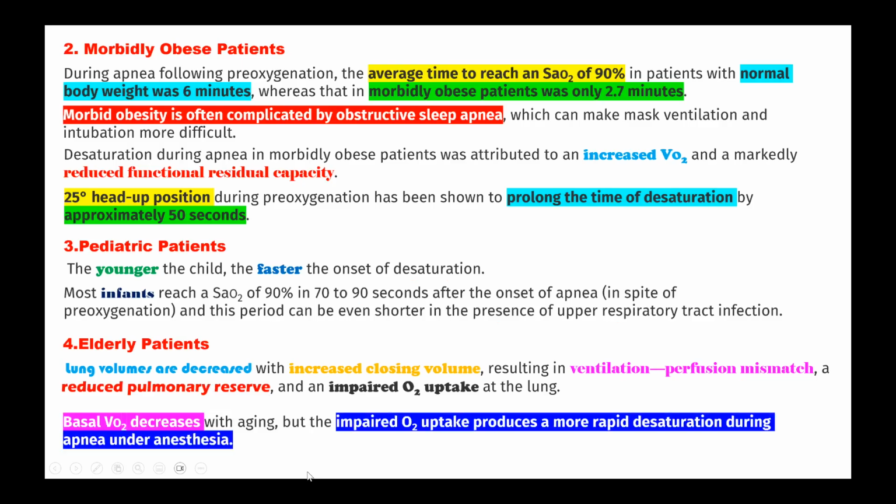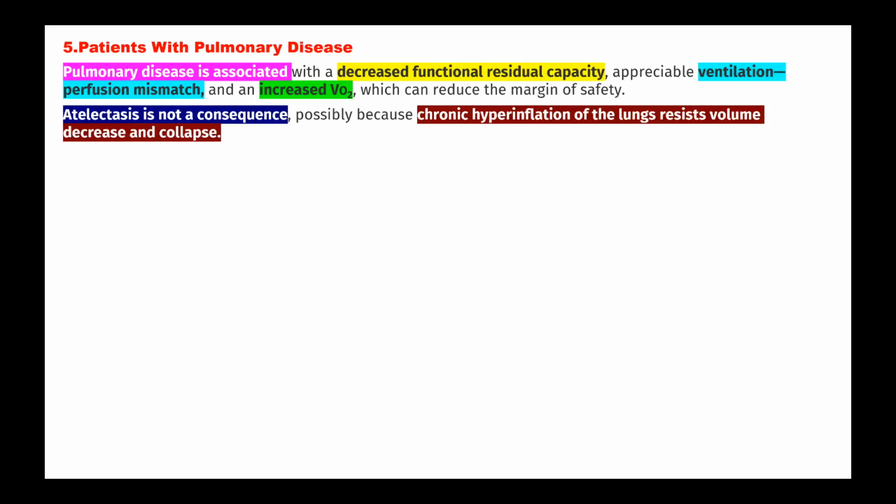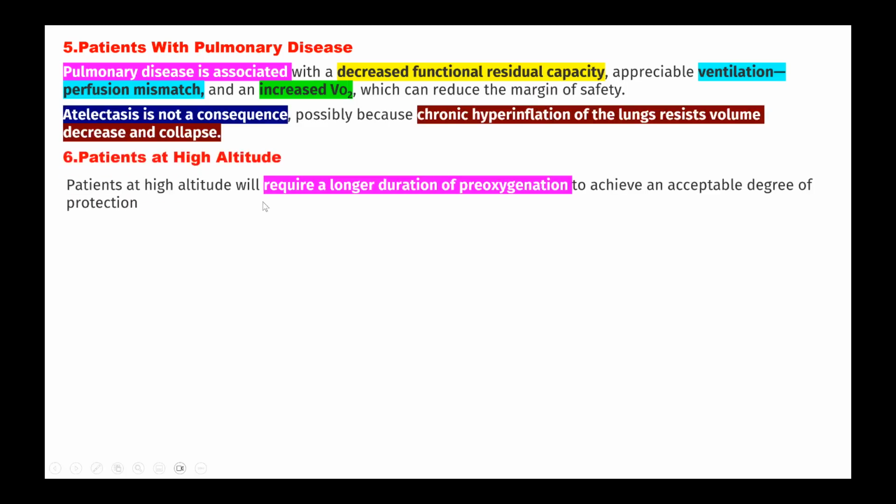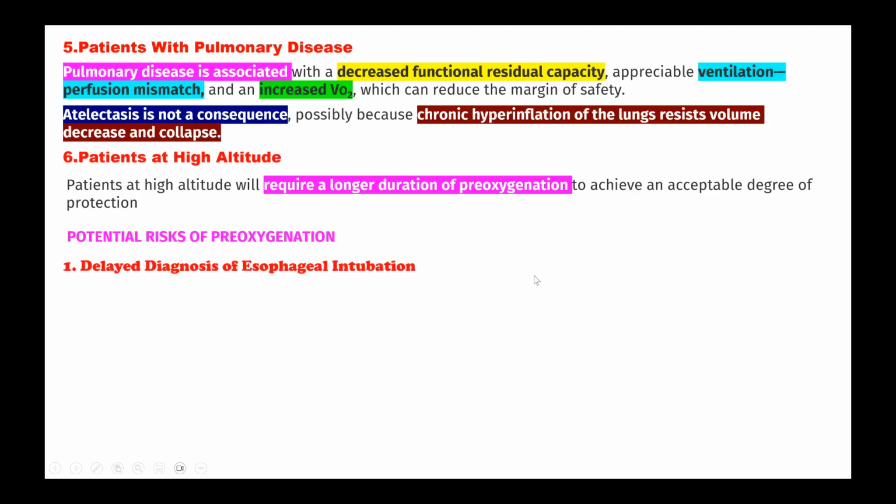All these things may increase the chances of desaturation. Patients with pulmonary disease have the same problem: FRC is reduced and ventilation perfusion mismatch is there. And patients at high altitude also require a longer duration of preoxygenation because the ambient pressure is low there.